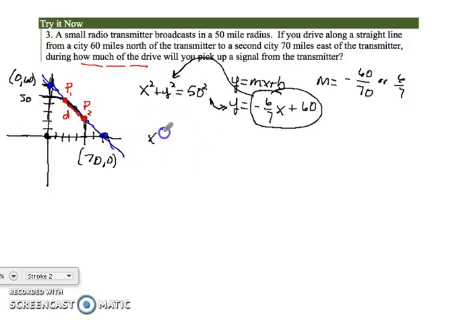So again, x squared plus my y, which is negative 6 over 7x plus 60, squared is equal to 50 squared. Now what we need to do is take that and solve that equation for x, and then come back and plug that value in here to find our y. So it looks like we're going to have two x's, some x here and another x here. And now we have to figure this out.